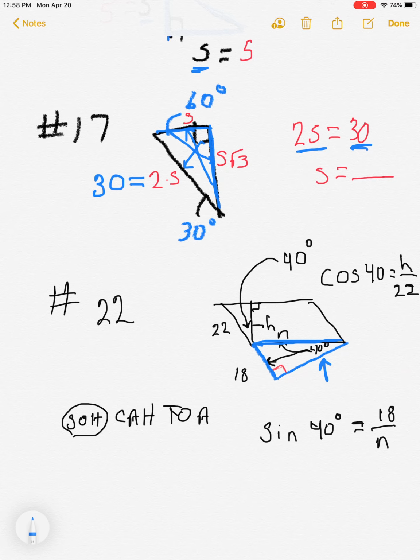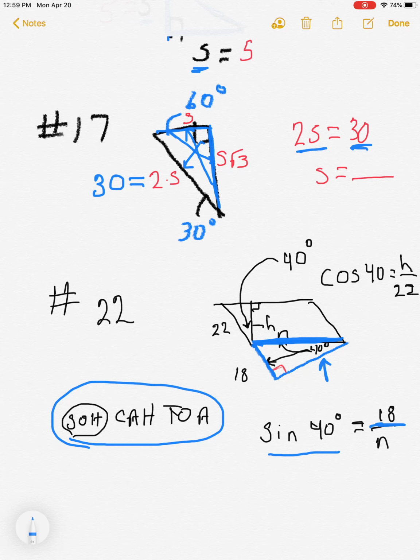I'm reminding you with the acronym SOHCAHTOA, the sine is the opposite over the hypotenuse. So the sine of 40 is the opposite length, 18, divided by the hypotenuse, n. So n is equal to 18 divided by sine 40, which will give me the base of the parallelogram.